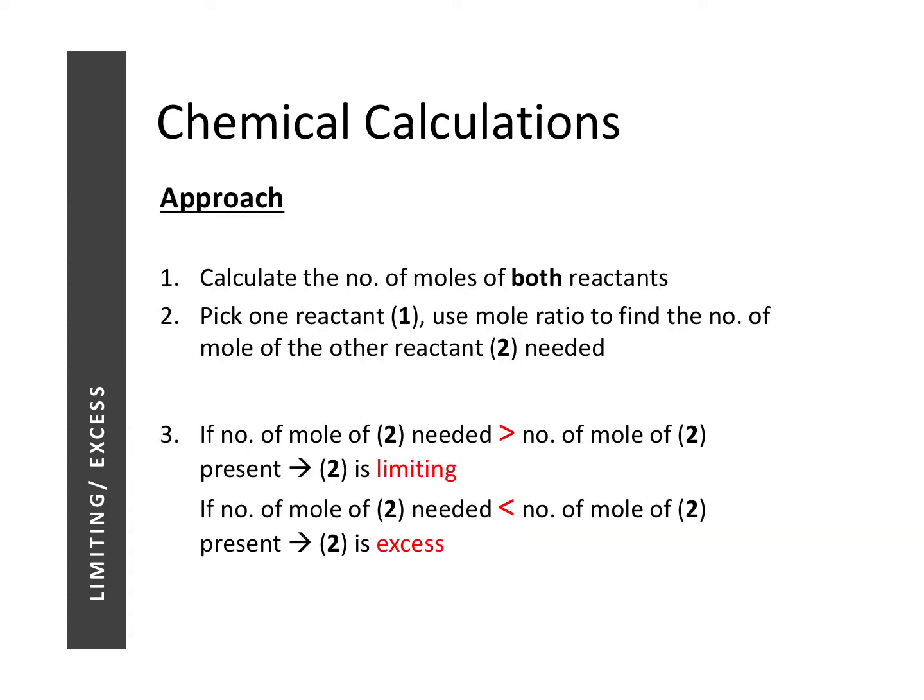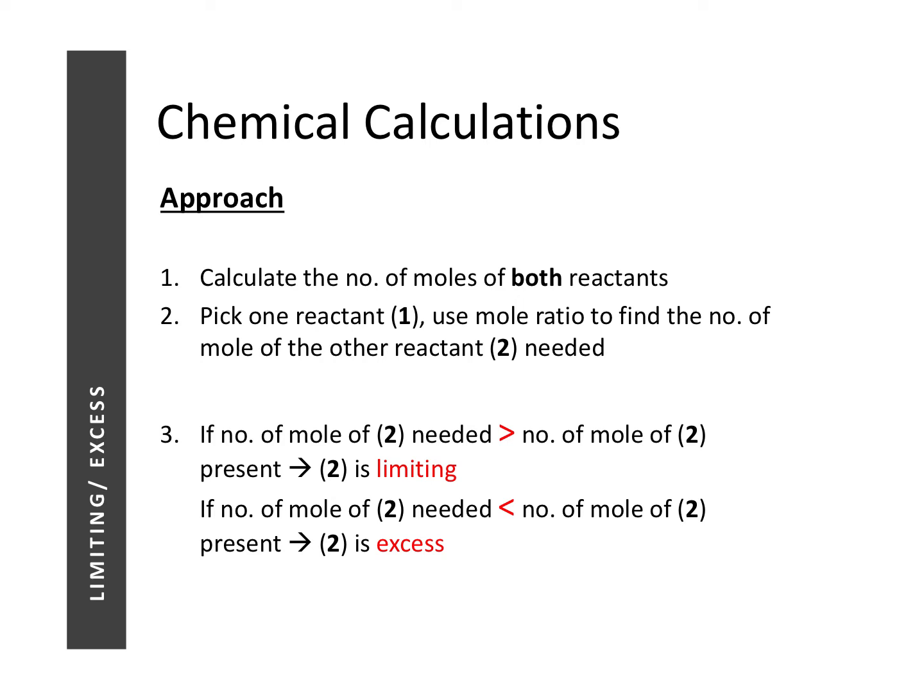Now once again, this is the approach for solving excess limiting type questions. Step number 1, you need to find the number of moles of both reactants. Step number 2, you need to pick one reactant and using the mole ratio as shown in the chemical equation, find the number of moles of the other reactant needed.